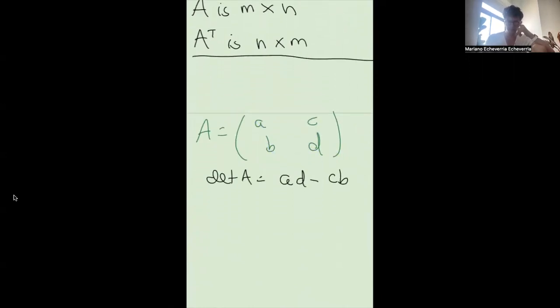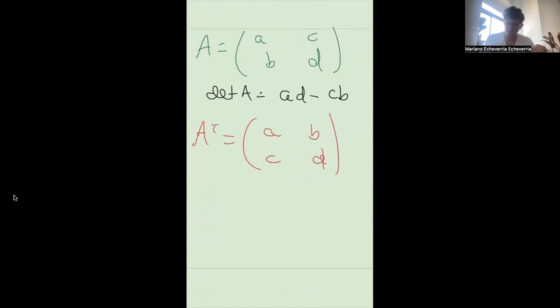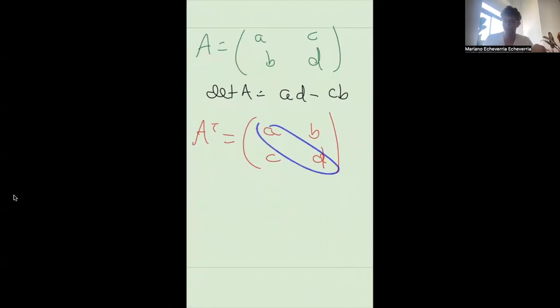But then what's A transpose? Again, it's just changing your mind about the rows and the columns. So the transpose becomes a, c, b, d. The answers look different, but for the product that we care about, the determinant is essentially the same.